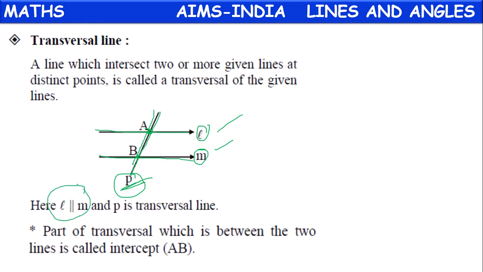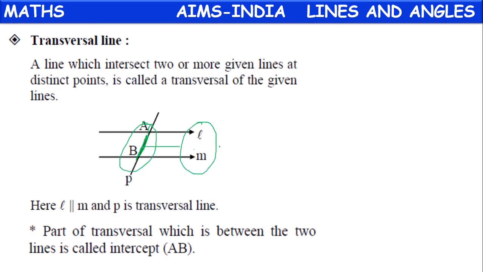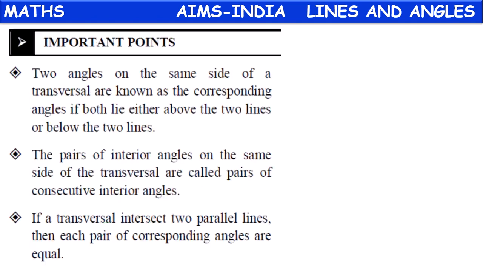So for two parallel lines, there will be a transversal line. The total line P is called the transversal, but here AB is a part of the transversal which lies between the parallel lines, and this part is called the intercept. This part AB is the intercept, means it's a part of the transversal.